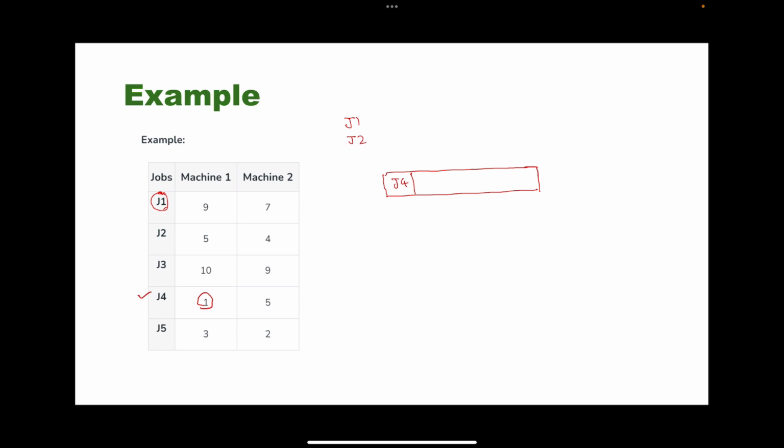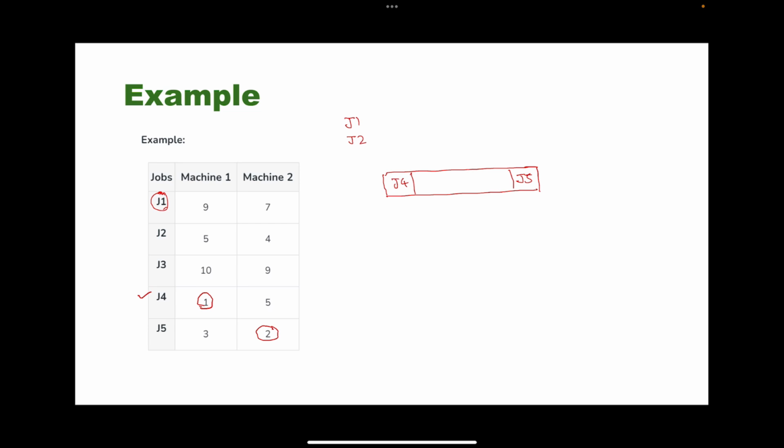Then next we will look at the next shortest processing time. You can see that this is 2, but this is to be done in machine 2, that is J5. According to the algorithm, if the job is to be done at machine 2, it will be scheduled last, that is J5.